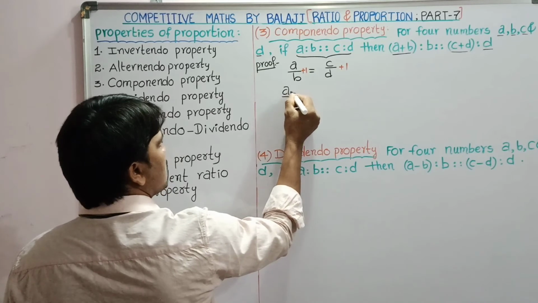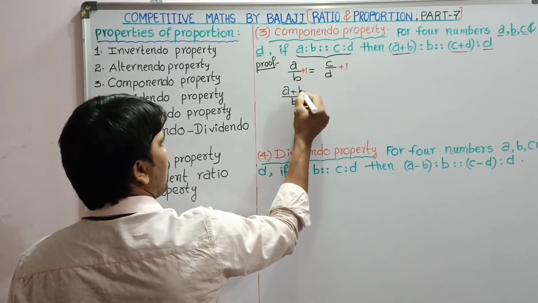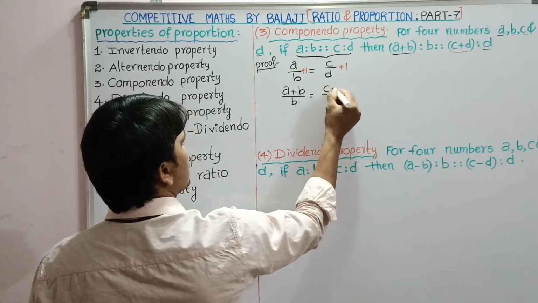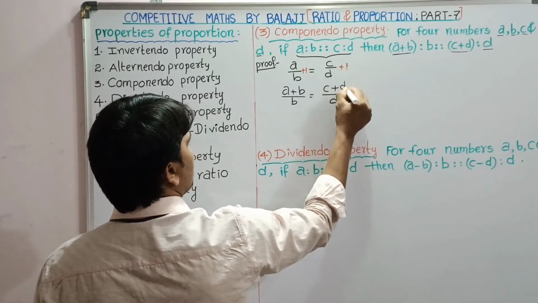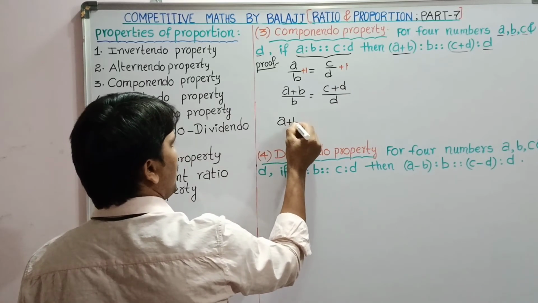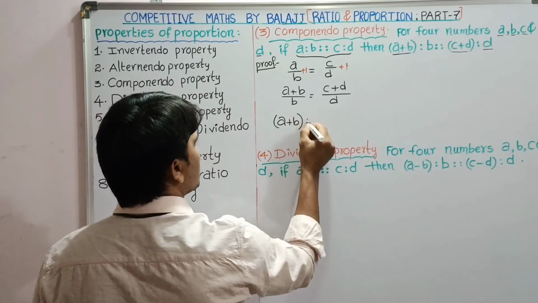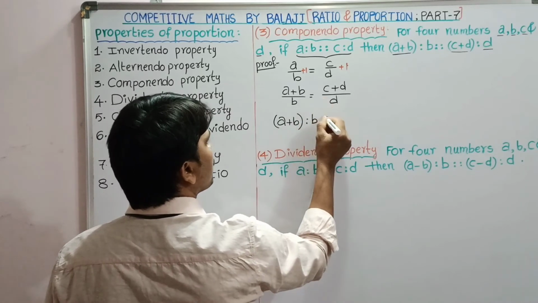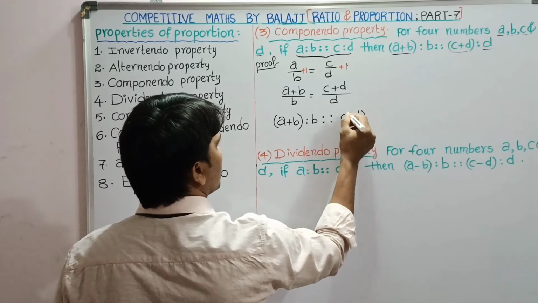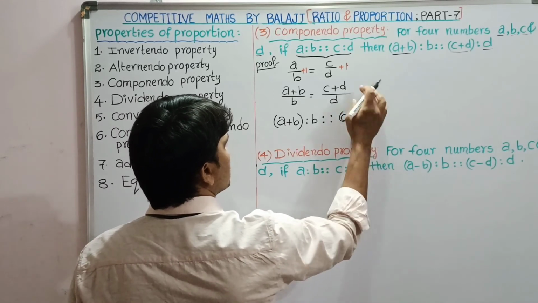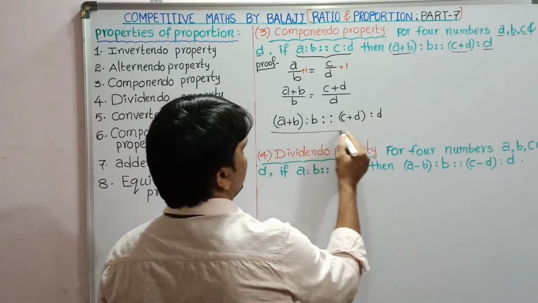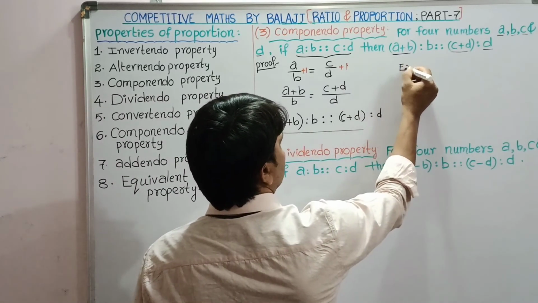A plus B ones are B. On the RHS, the LCM is D. C plus D ones are D, C plus D by D. This can be written as A plus B is to B equal to, means is as, C plus D is to D, as every fraction can be written in the form of a ratio. This is the proof.